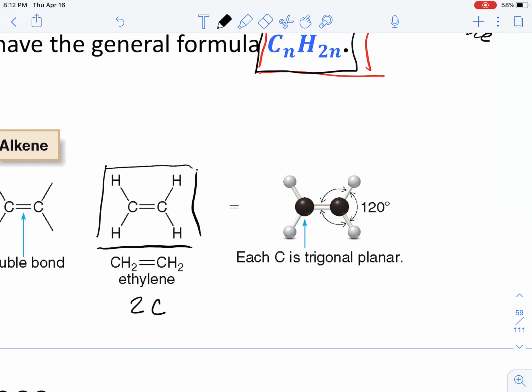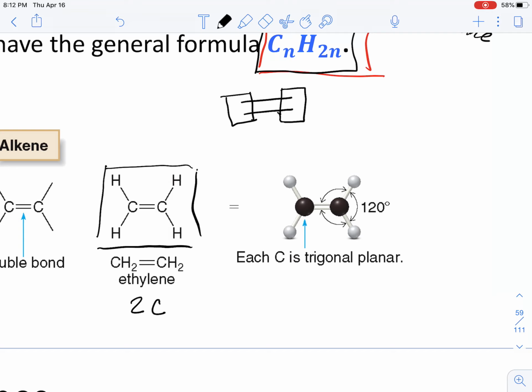Now, if you're talking about the 3-dimensional character of these double bonded carbons, imagine having 2 toothpicks laid side by side, and you stick 2 marshmallows on either end of those toothpicks.